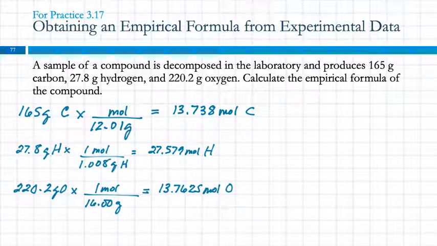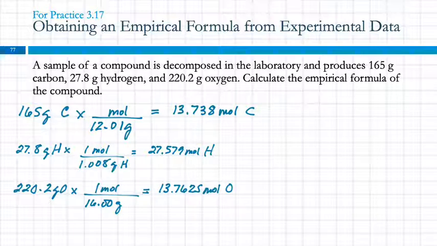I took the masses of the elements and I converted them to moles. So these numbers, I can't say, well, the formula is C14 H₂O14. I can't just round those.